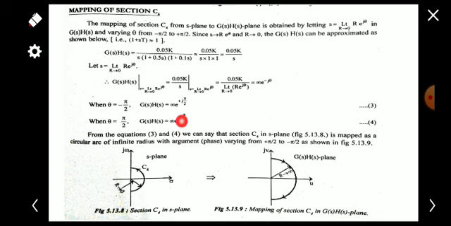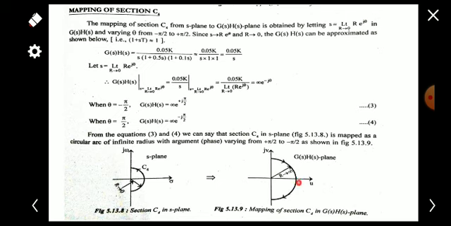So for plotting section C4 in the G of S into H of S plane, the magnitude will be infinity, and the phase angle is varying from e raised to plus j pi by 2, that is plus pi by 2 to minus pi by 2. So this is the corresponding contour in the S plane, and if you are plotting the corresponding contour in the G of S into H of S plane, we know that the phase angle is varying from plus pi by 2, 0, to minus pi by 2, and the radius is infinity.